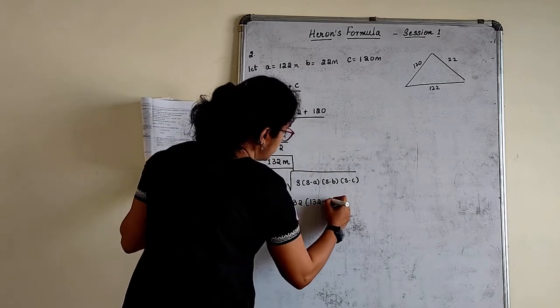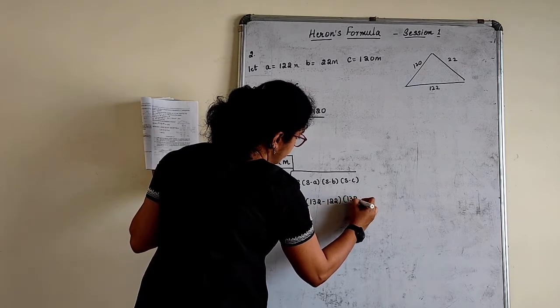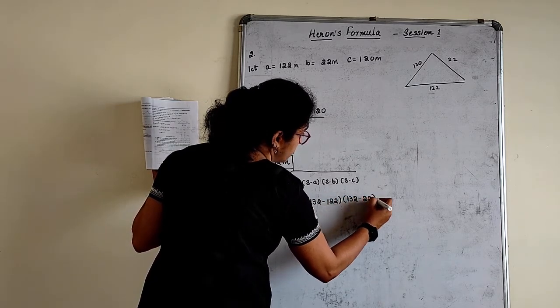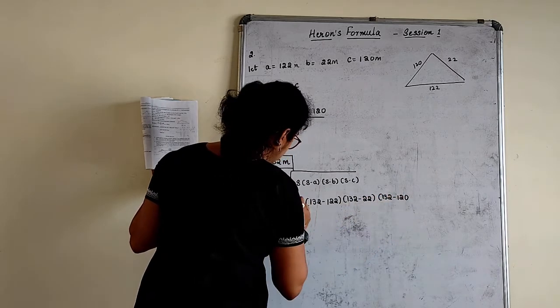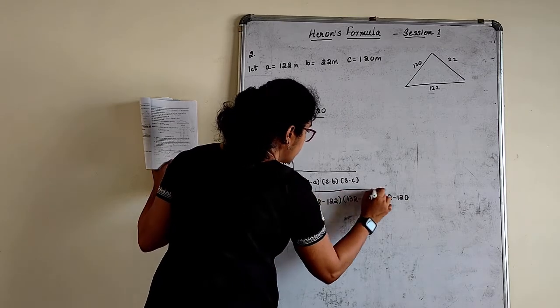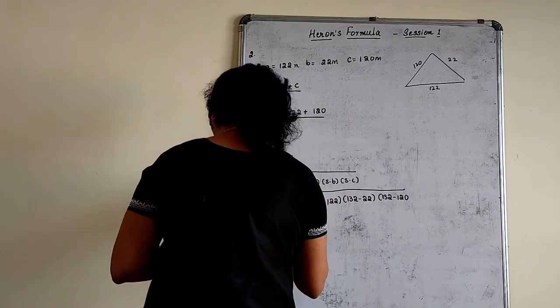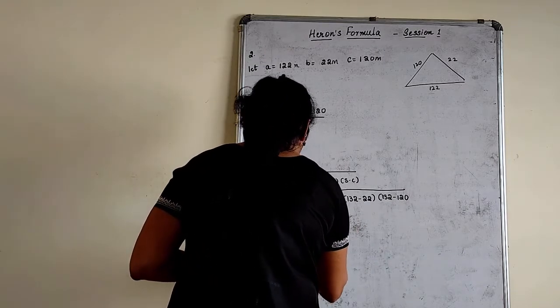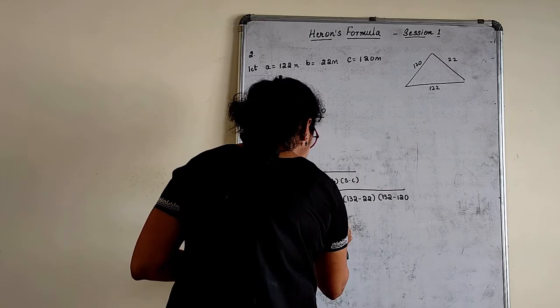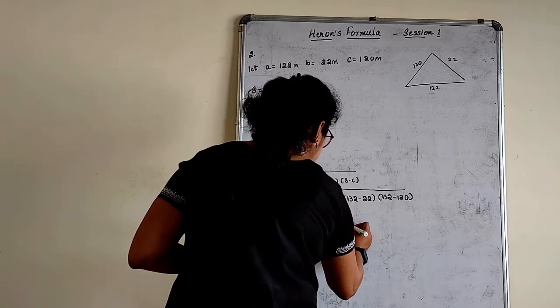So 132 as it is, 132 minus 122, 132 minus 22, 132 minus 120. 132 minus 122 is 10. 132 minus 22 is 110. 132 minus 120 is 12.